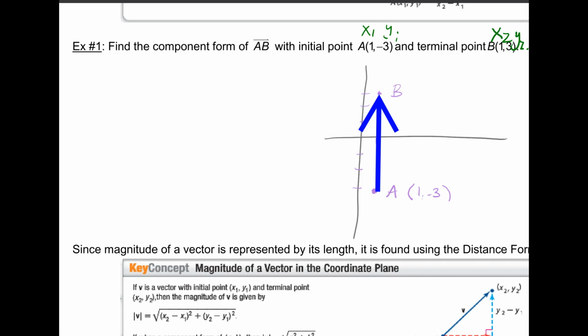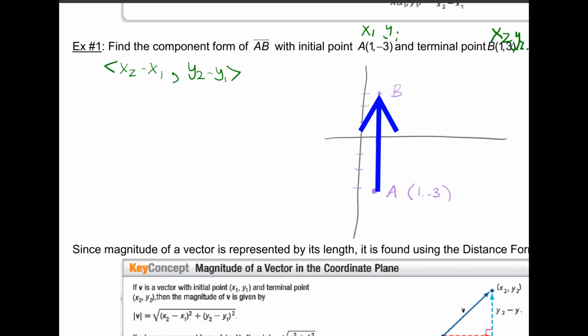The equation says x2 minus x1, comma, y2 minus y1, in brackets. I'll plug it in. You'll see we didn't even need the picture, but it helps us with context.